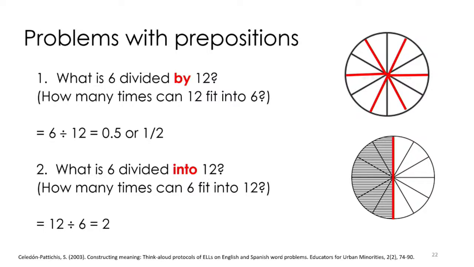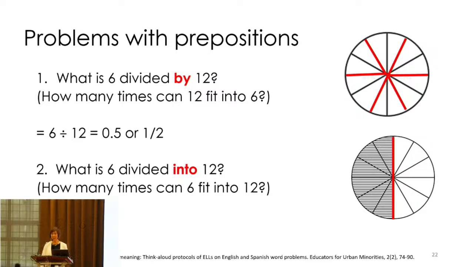I see a look of absolute horror on some English teachers' faces. So these were Spanish-speaking students who were learning maths in an American primary school. And the teacher is happily speaking, 6 divided by 12, 6 divided into 12, expecting that the students knew exactly what was meant. But actually, the students didn't.